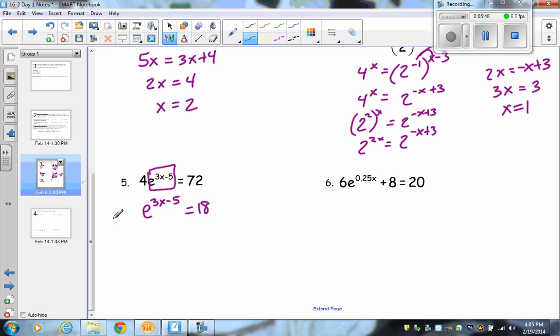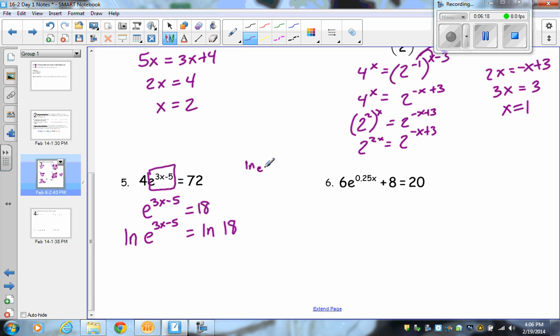And then from here, we're going to take the natural log of both sides. As long as we do the same thing to both sides, we're not changing anything in the problem. So all I did was take the natural log of both sides. Now, if we remember, when we see ln, that really has a base of e.